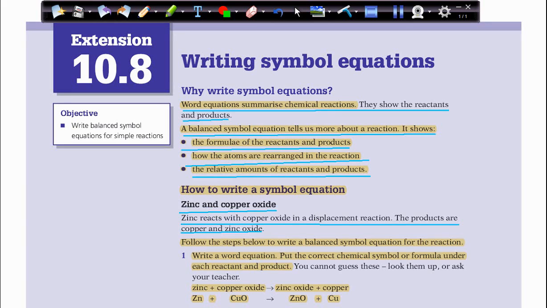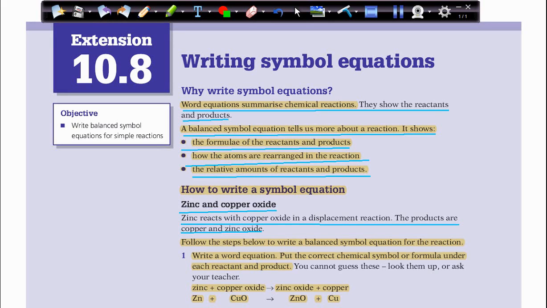I cannot just write that the zinc reacts with copper and the zinc takes the place of the copper and makes zinc oxide, and in this way the copper will stay alone. This is so complicated, hard to understand and confusing.